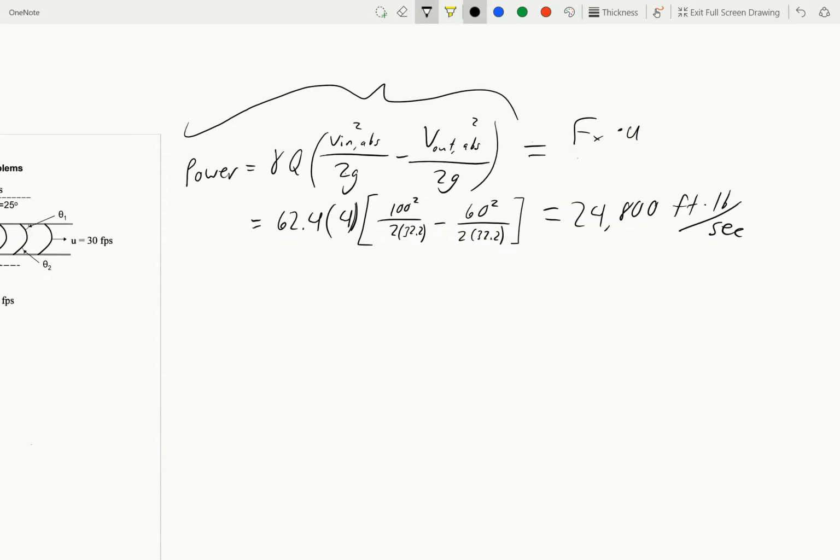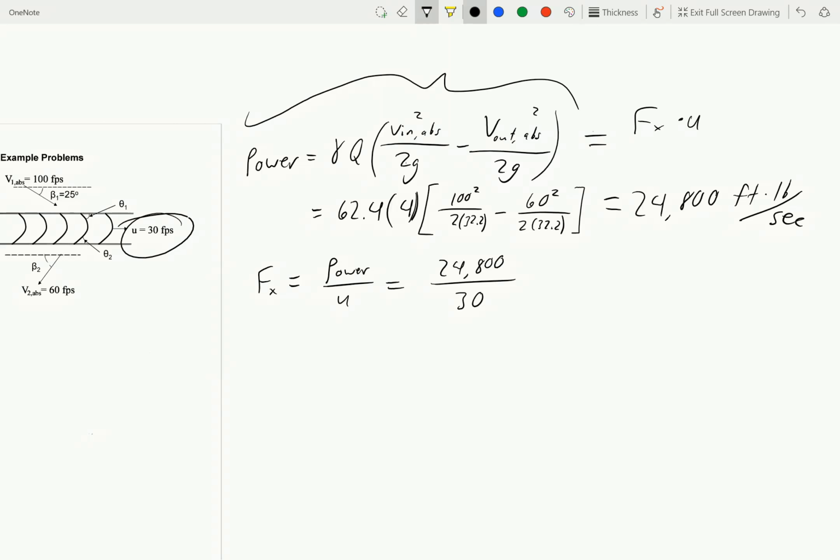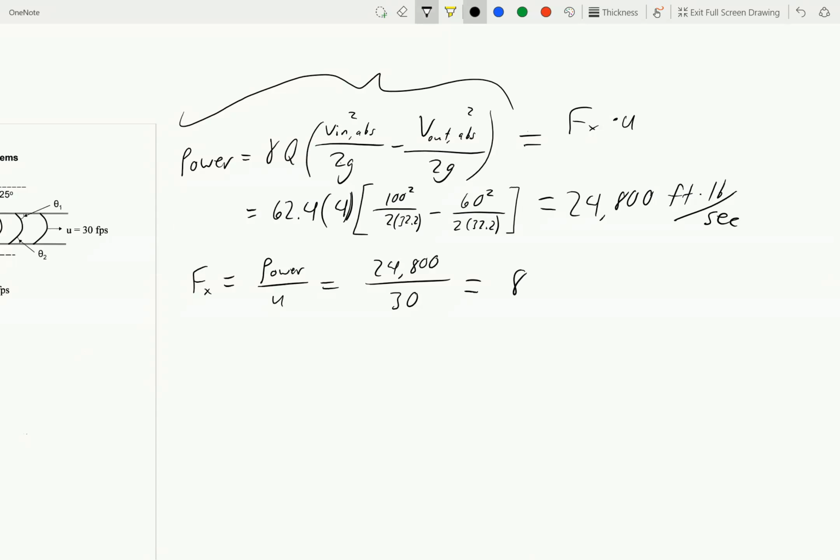So we're looking for this force right here. The force in the x direction is equal to the power over u, which is 24,800 over 30, because u in this problem is given as 30. And that ends up being 827 pounds, and that's the answer for part B.